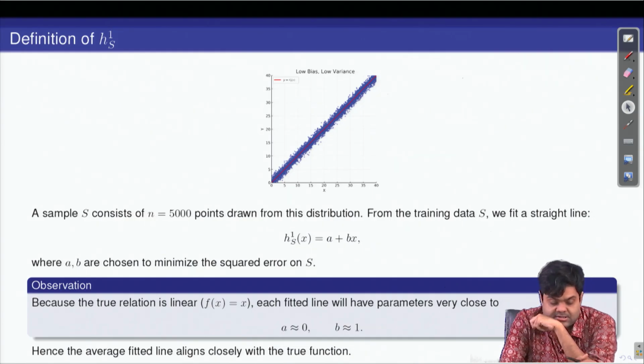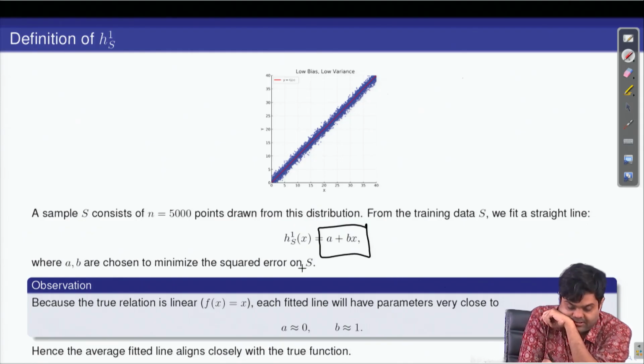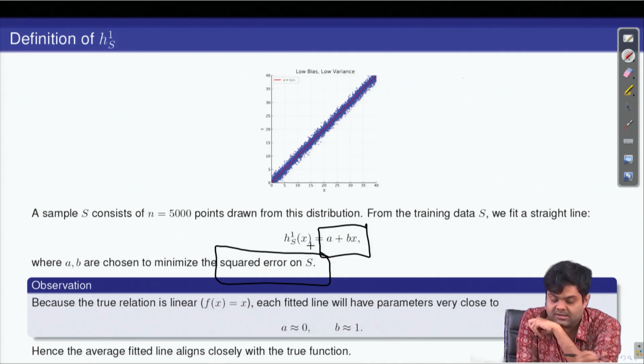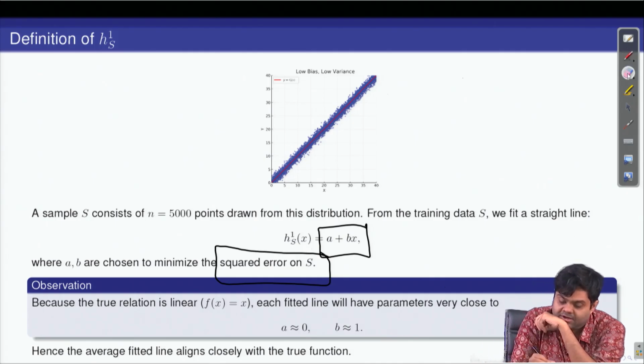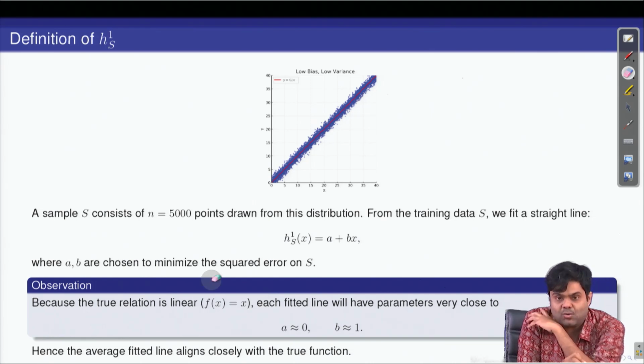You are drawing this least square line, basically minimizing the squared error with this linear model. This will give you the least square regression line, and you will get something very close to f(x) equal to x.